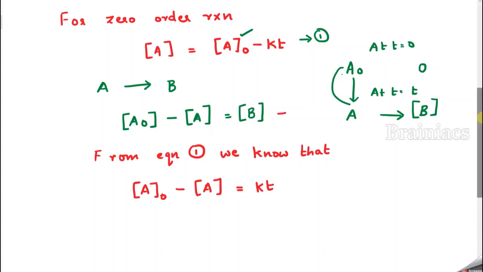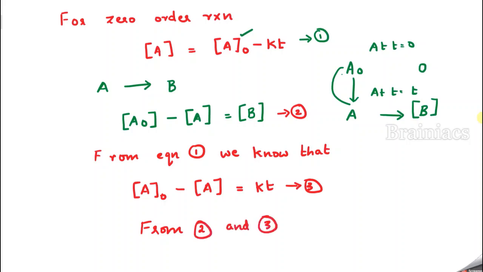So I mark this as equation 2 and this as equation 3. Now from 2 and 3, what can I write? From 2 and 3, I can write the concentration of B is equal to K into T.